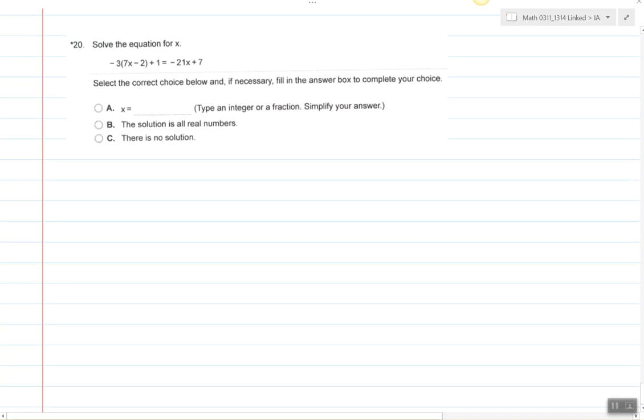Number 20. This is the last of our problems. And remember, everything in here I'm hopeful is review. I'm going to solve negative 3 times 7x minus 2, close, plus 1 is equal to negative 21x plus 7. Well, on the left side, I can distribute negative 3 times 7x is negative 21x.